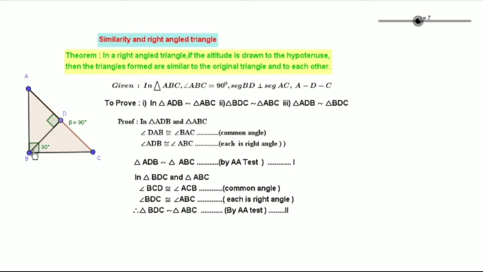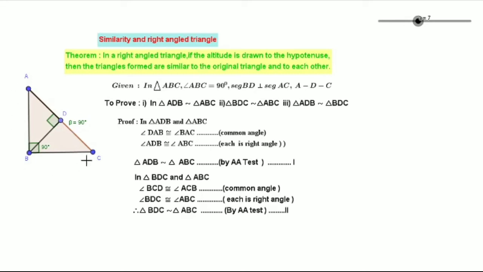Now observe the second pair of triangles, triangle BDC, this smaller triangle, and the original triangle ABC. In these two triangles, angle BCD and angle ACB, that is angle C, is a common angle. So angle BCD is congruent with angle ACB because it is a common angle.